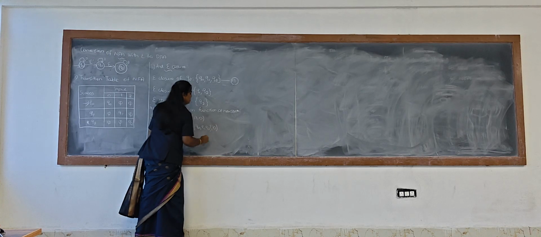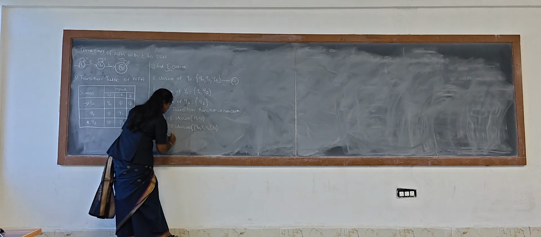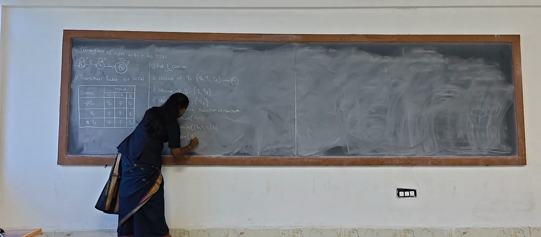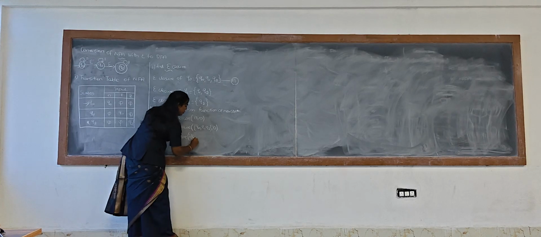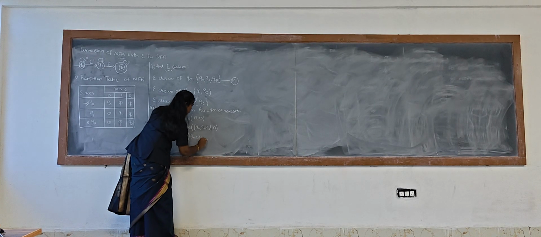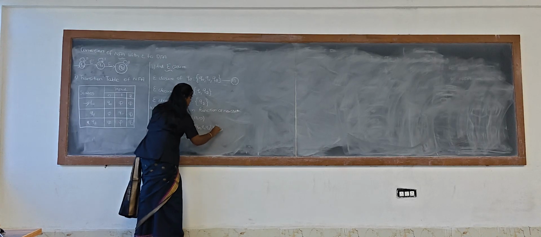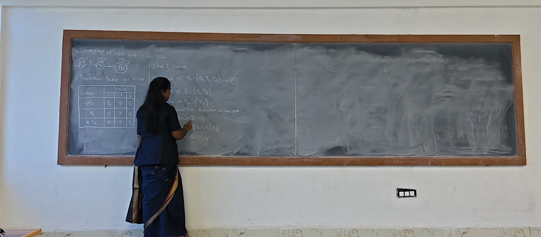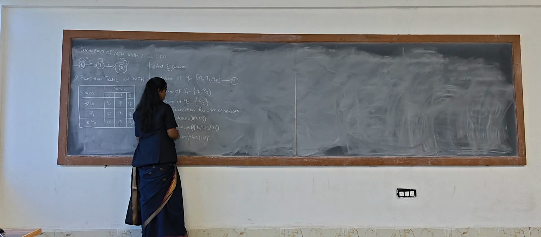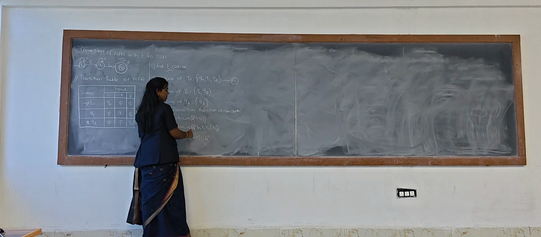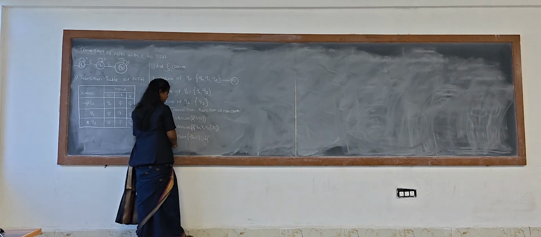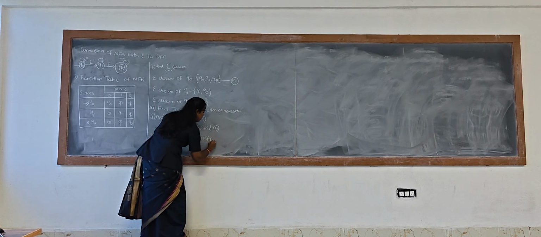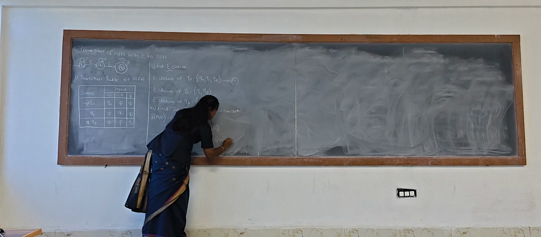Okay, so epsilon closure of transition function of Q0 comma 0 union transition function of Q1 comma 0 union transition function of Q2 comma 0.